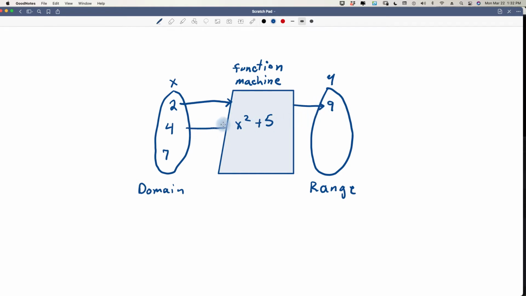The image of 4 is going to be 21. And the image of 7 is going to be 54. And if you want to check that, 4 times 4 is 16 plus 5 is 21, and 7 times 7 plus 5 is 54.